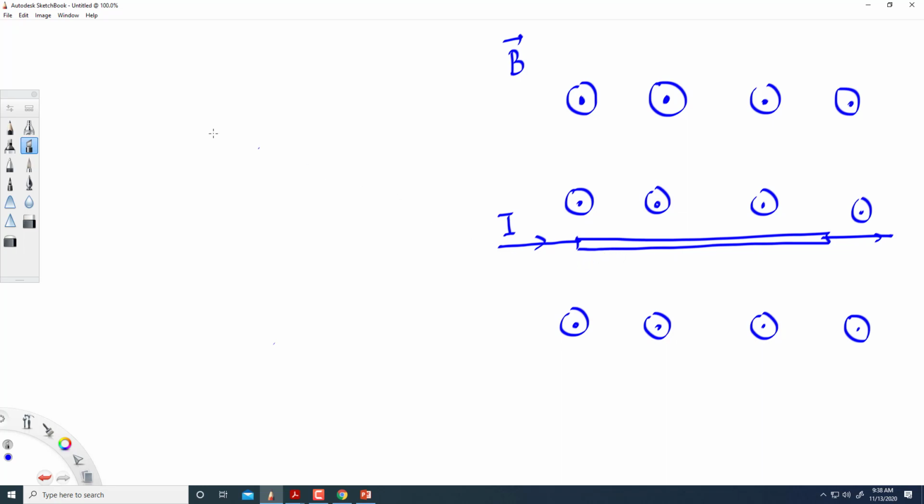So the force felt by this current is given by the same formula that we used before. In case of a charge, we have F = qvB sin theta. We can rearrange this formula.